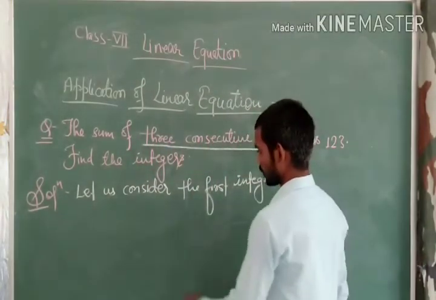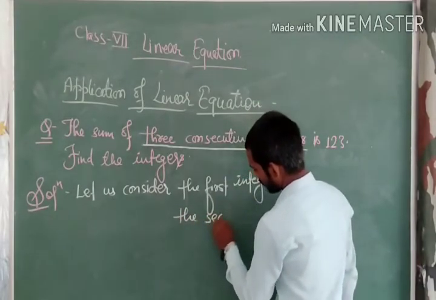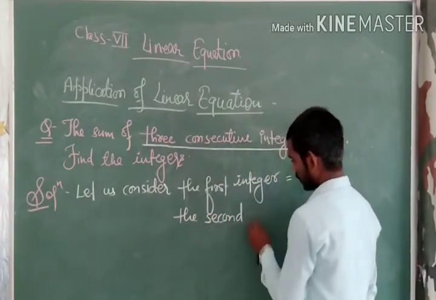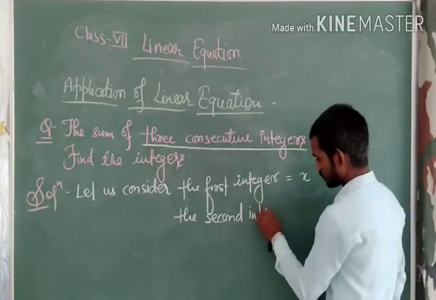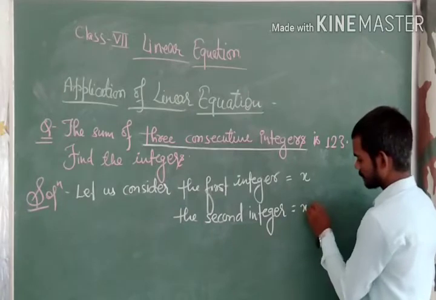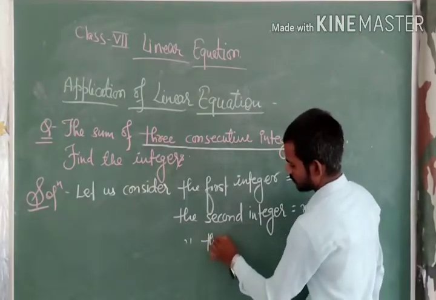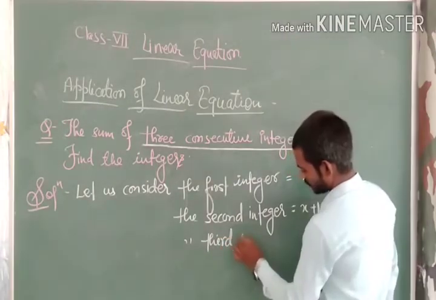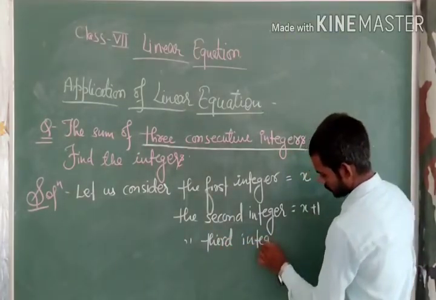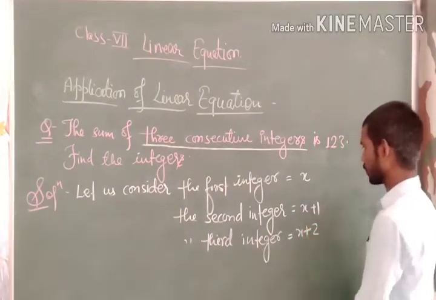So we write, the second integer is equal to x plus 1. The third integer is equal to x plus 2.